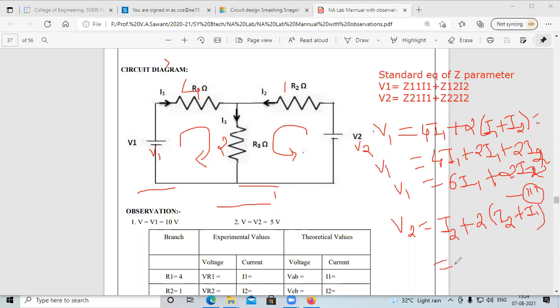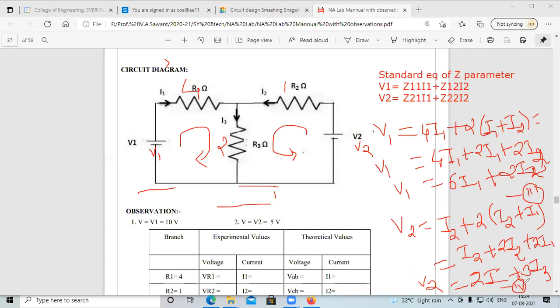Just simplify this: I2 plus 2I2 plus 2I2 plus 2I1. Rearrange this equation: 2I1 plus 3I2 is equal to V2. Now this is equation 4.